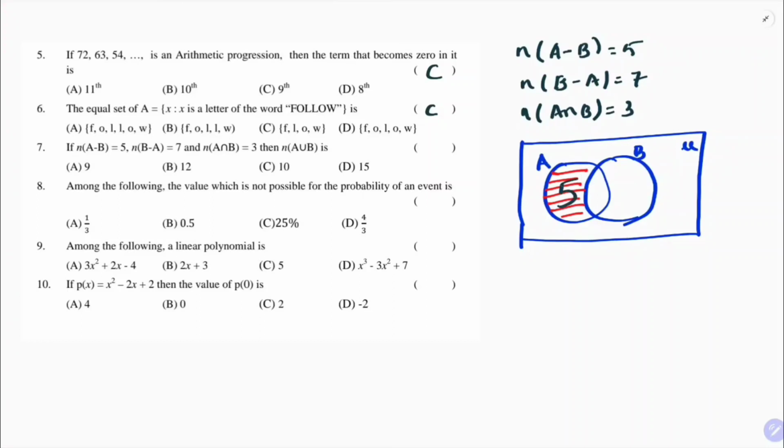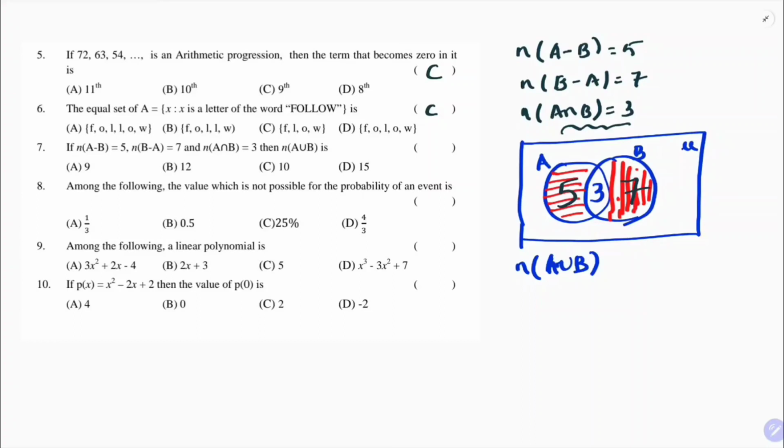Next one, B minus A, the one which I am shading now is B minus A, this part. So for B minus A, they told very clearly there are 7 elements, and they told A intersection B. So A intersection B is the common region, they told 3 elements, and they're asking the number of elements in A union B.